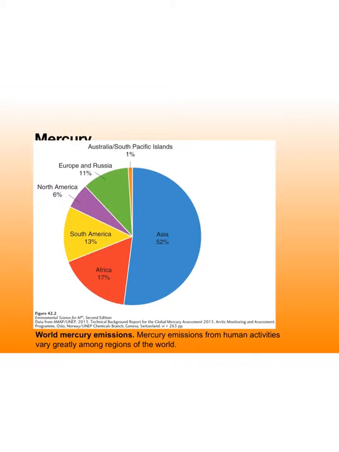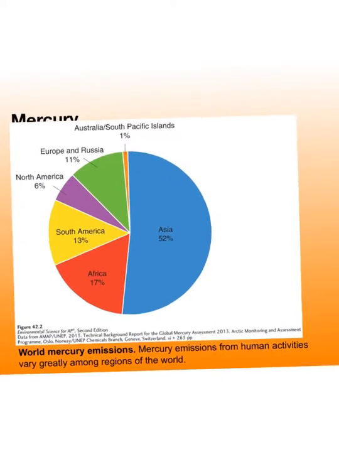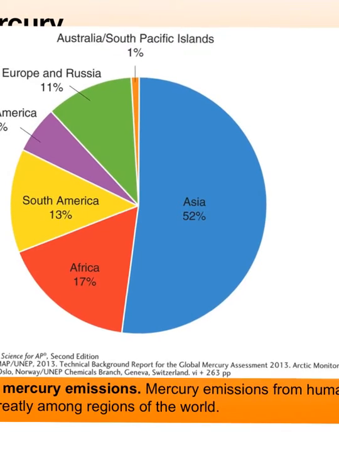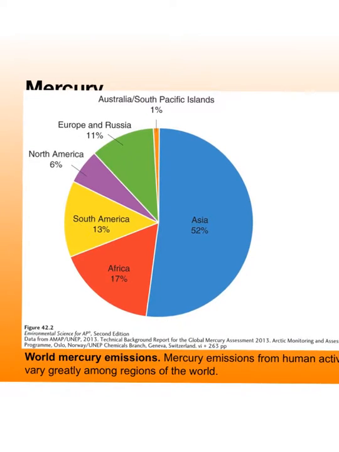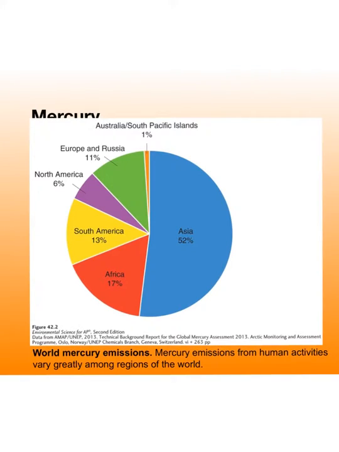All right, so let's see, mercury. Mercury emissions, so where are we getting them from? Asia, 52%, and you better bet your bottom dollar that's mostly China. But that's what happens when you're coming up in the world and you're doing an all of the above energy plan. You're going to use coal because it's very, very abundant, and it's pretty efficient for the amount of mass that you take out of the ground, right?